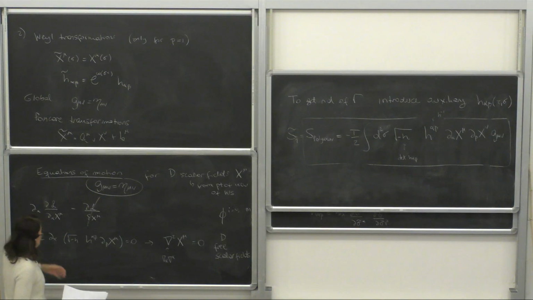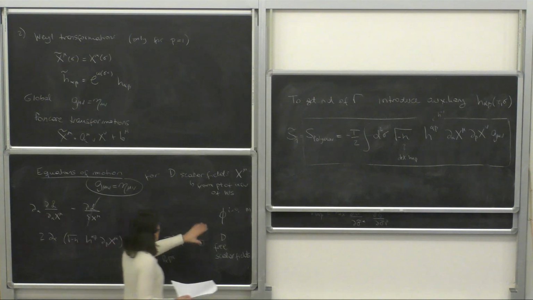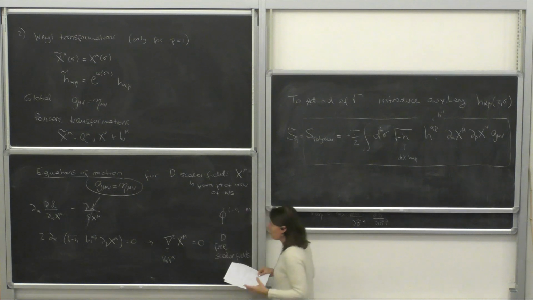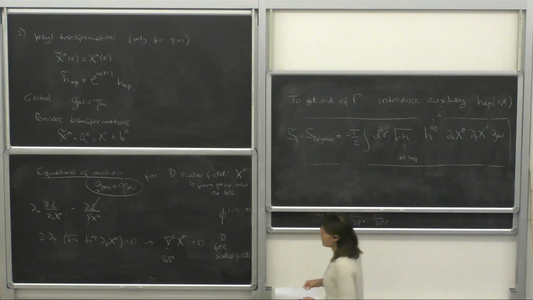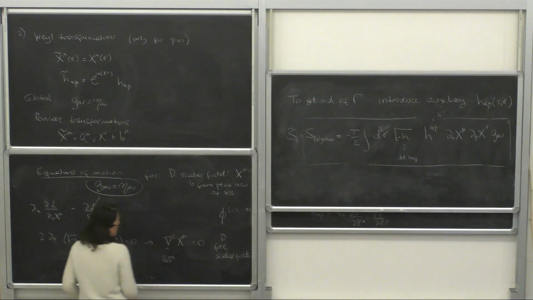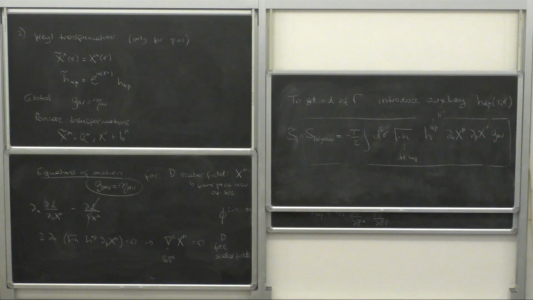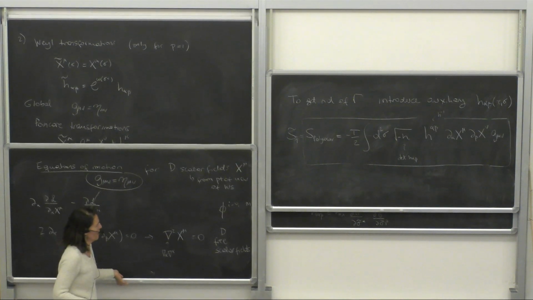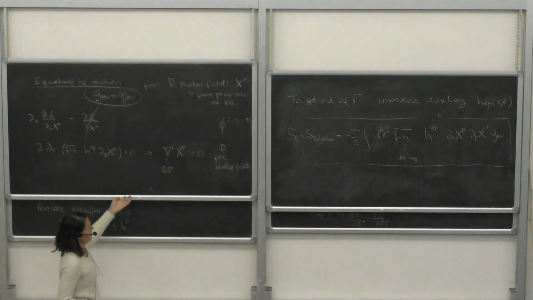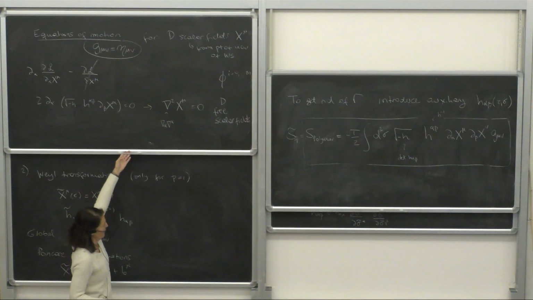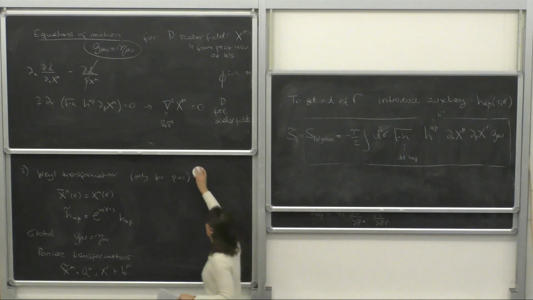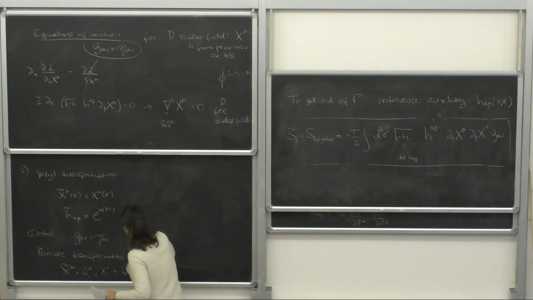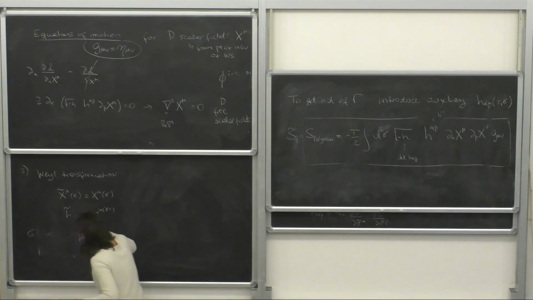If I have a horrible equation, to realize that it comes as the equation of motion with some space-time metric is not always possible. But again, we'll keep working with this as embedding coordinates. Let me say a few more things and then I'll come back to that.